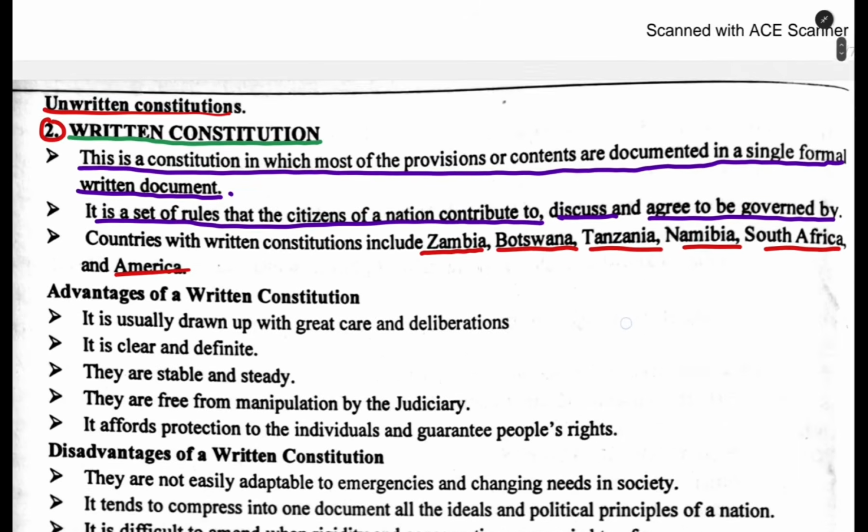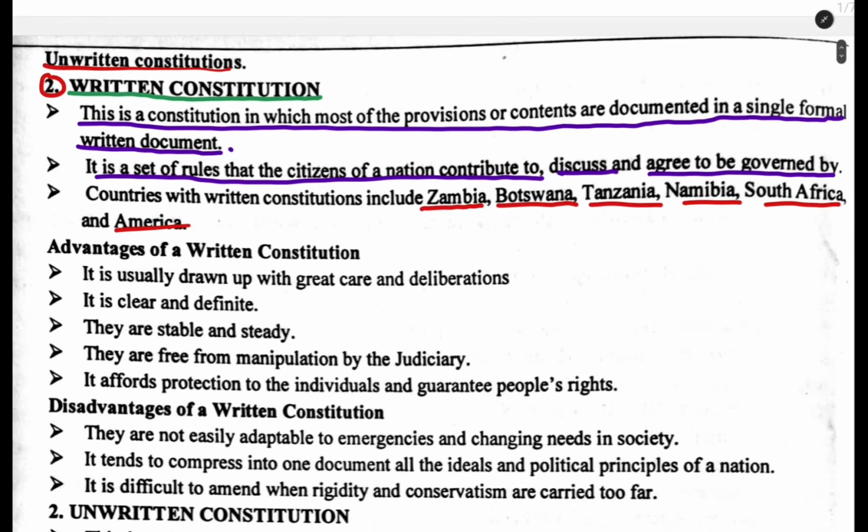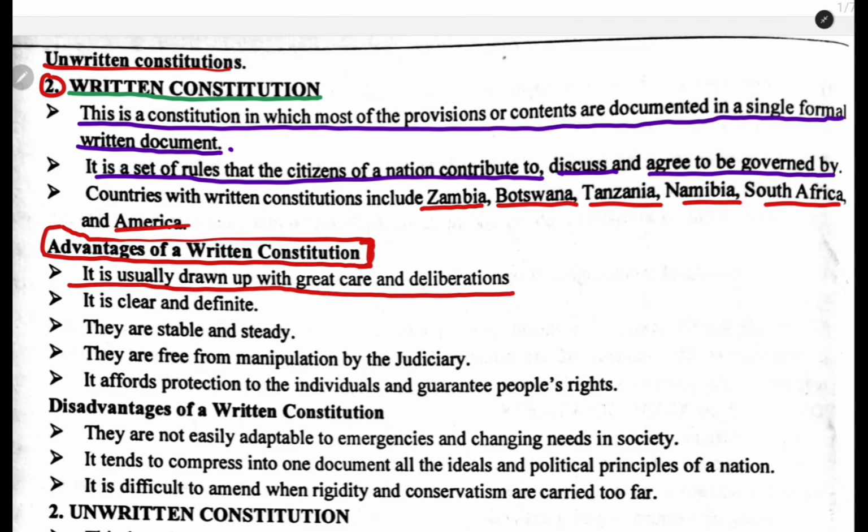Then now, like I said, under each type, we are going to look at the advantages, the good part. So advantages, we are just looking at the good part, or the good thing about this kind of constitution. So what are the advantages or the good things about the written kind of constitution? One, it is usually drawn up with great care and consideration.